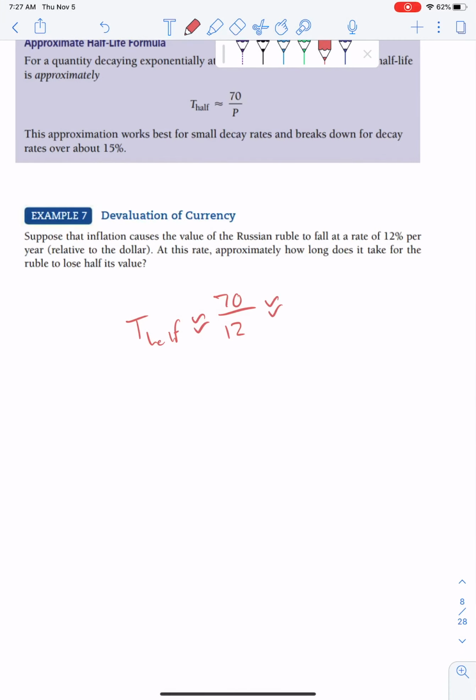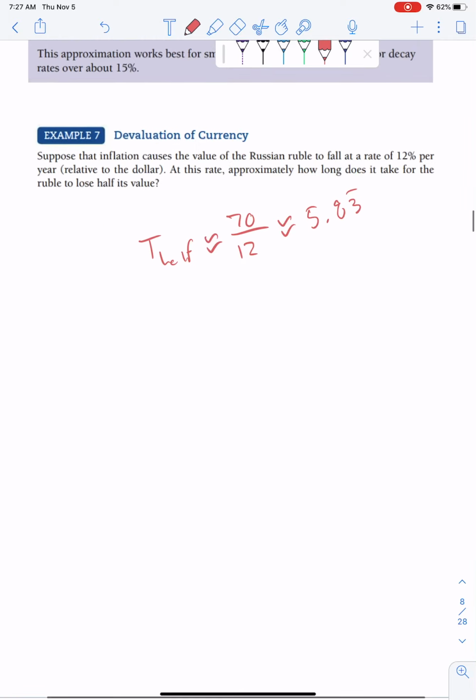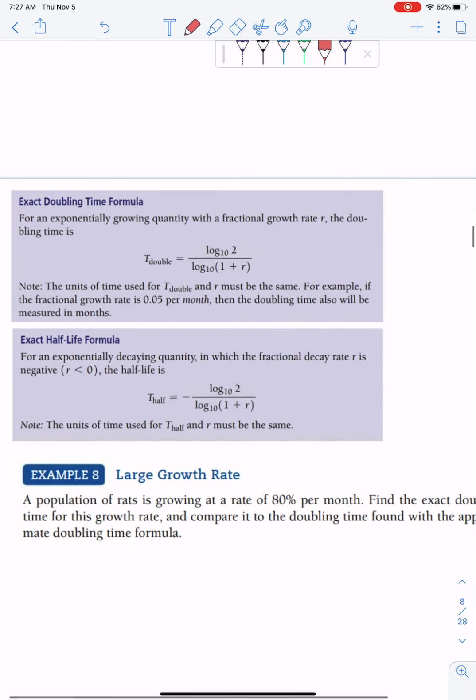So my half-life is approximately 5.83, and that 3 repeats. So in about 5.8 years, the value is going to be half as much as it was when we started. It's going to take almost 6 years for the value to go down by half.